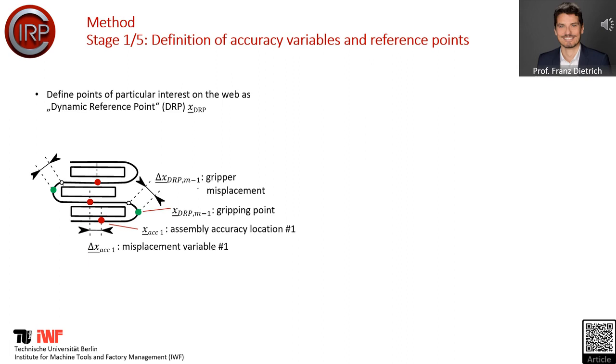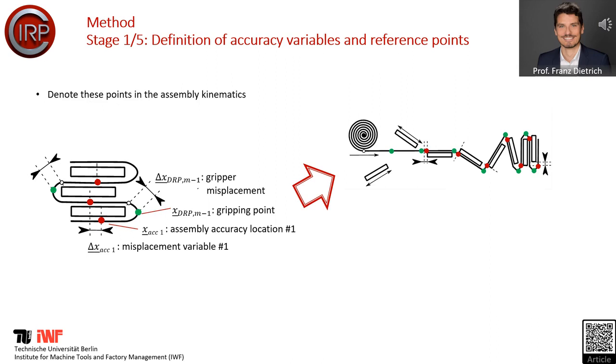These could be, for example, gripper points or points where folds are to be placed or other points that are of interest. In the kinematic modeling later, these will be the outputs of the interim kinematic model. These points are denoted in the assembly kinematics so that they can be found not only on the product but also in the machine.